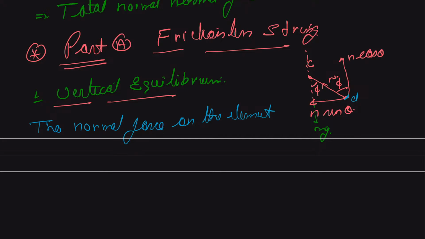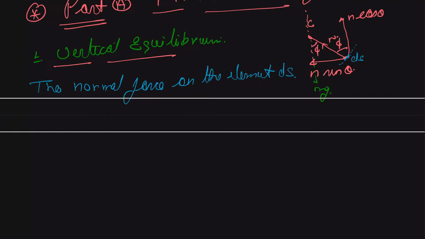I have represented it as a small dot, otherwise it would be the entire ds. The small element ds will be equal to r d phi.